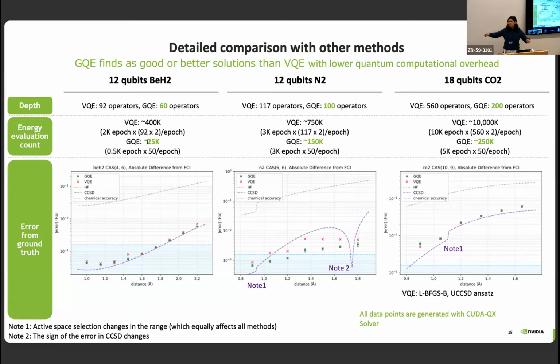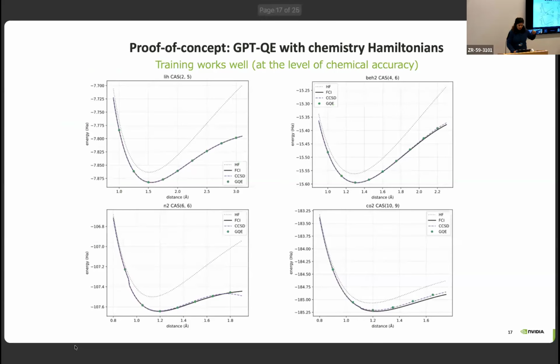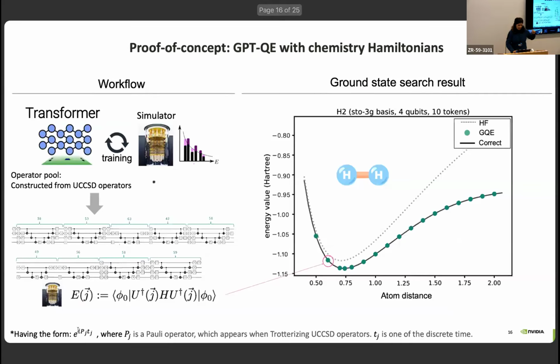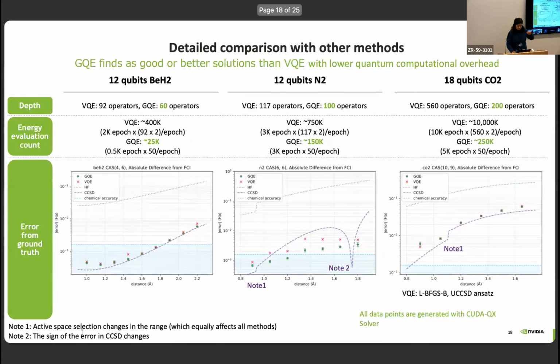Each operator you can roll down into a sequence of CNOT gates and a rotation gate in the middle. It corresponds to the operator that I showed a couple of slides back, this e^(iθP_j).